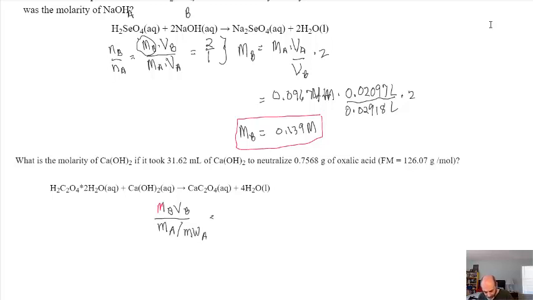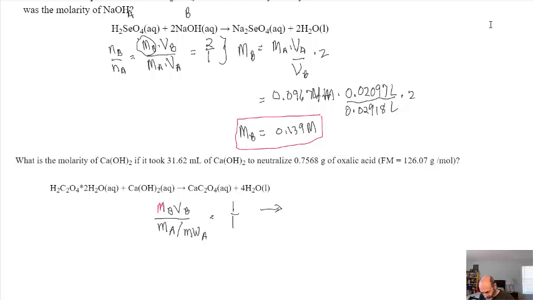So the top part of this is the moles of base. The bottom part is the moles of acid. So that ratio will be equal to the ratio of the stoichiometric coefficients. There's a 1 for the calcium base and 1 for the oxalic acid. So that's 1 over 1. And then we do some algebra to get to what we want to finally use.